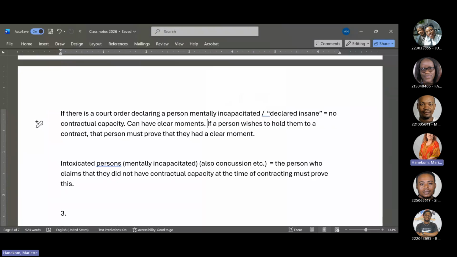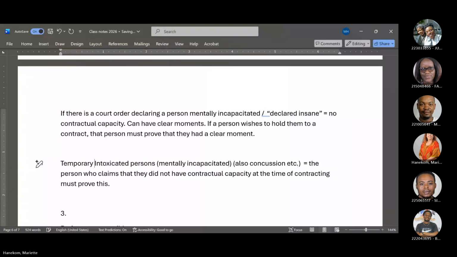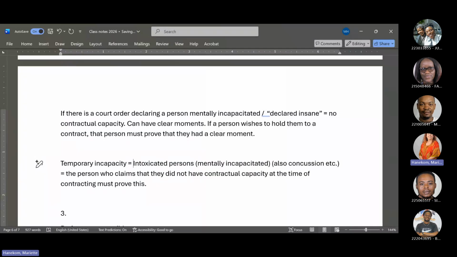But the way the courts approach this differs from temporary incapacity. So intoxication, concussion, etc. If it's a matter of temporary incapacity, the person who claims they did not have contractual capacity will have to prove this.